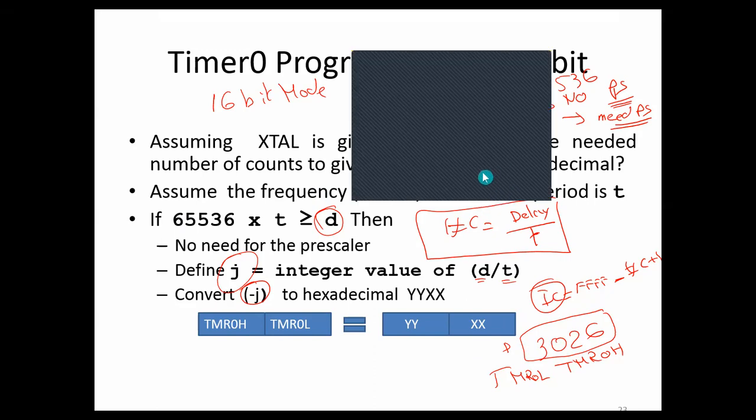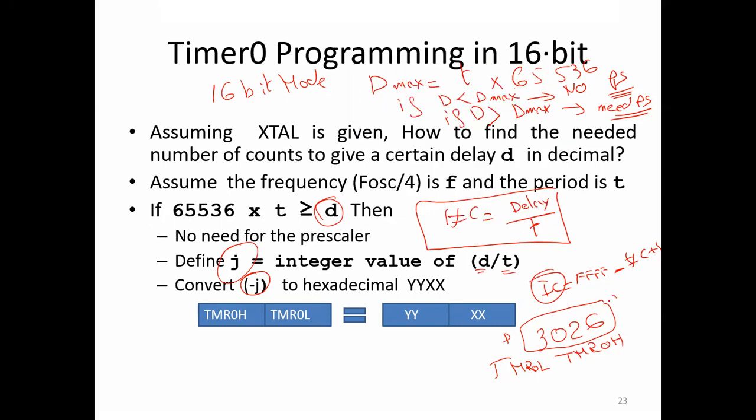Okay, so I have 3026, and you have to convert it to hexadecimal. So I have BD2, so it is 0xBD2.